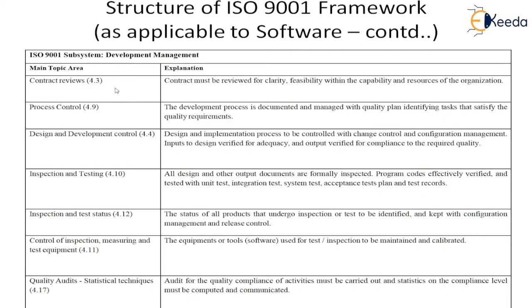We start with the contract review. This is a contract, especially for the outsourced projects. It is a contract between the organization which is developing and the customer who has given the requirements to develop the software for them. So the contract should be clear. It should have good quality and clarity.